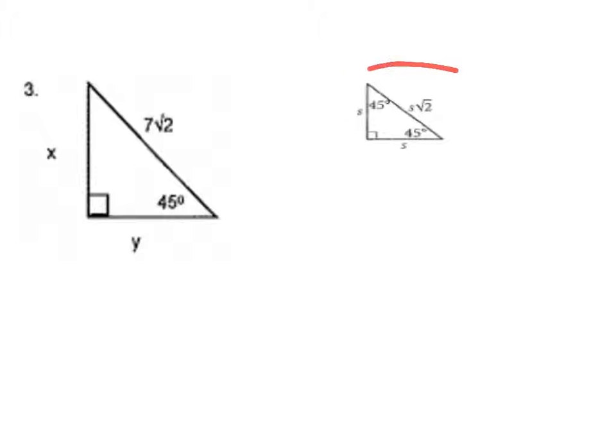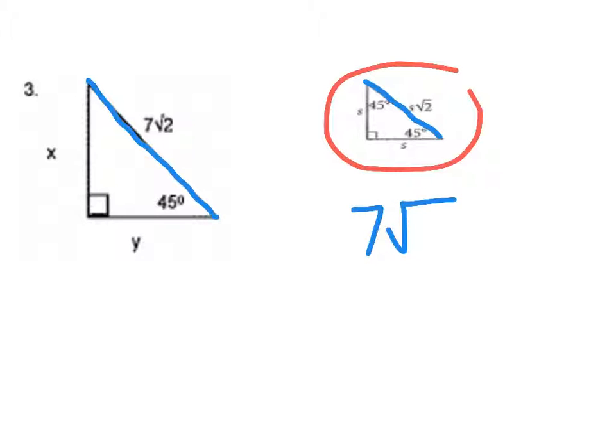Again, I'm given the formula. In this particular example, I'm given the hypotenuse. So I'm given S square root 2. So if the hypotenuse is S square root 2, then S must be 7.